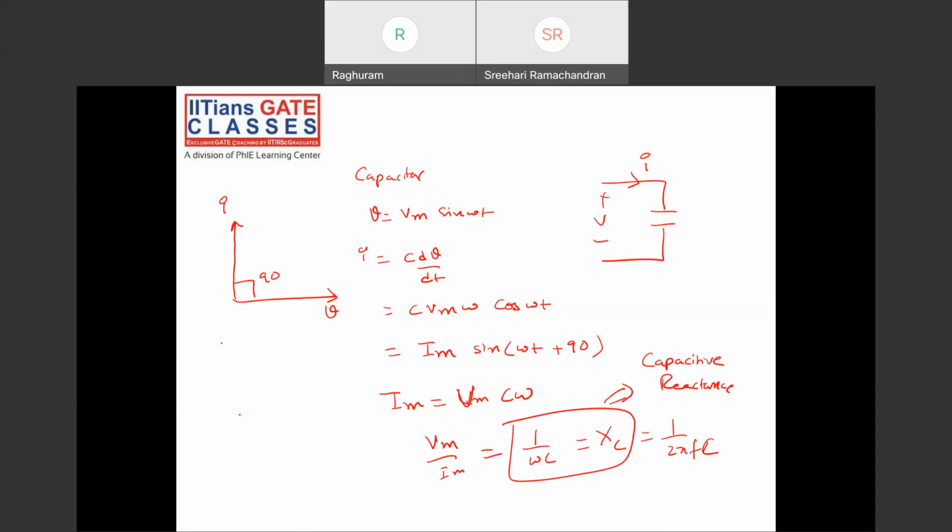I can say I leads V by 90 or V lags I by 90 degrees. In the case of a capacitor, I leads V by 90 degrees. Clear? And XC is 1 by 2 pi fC or 1 by omega C.